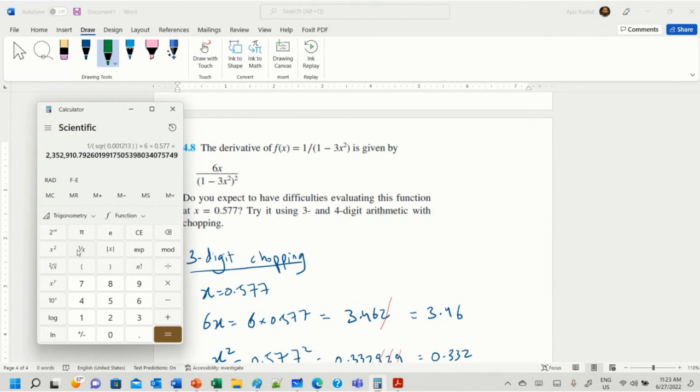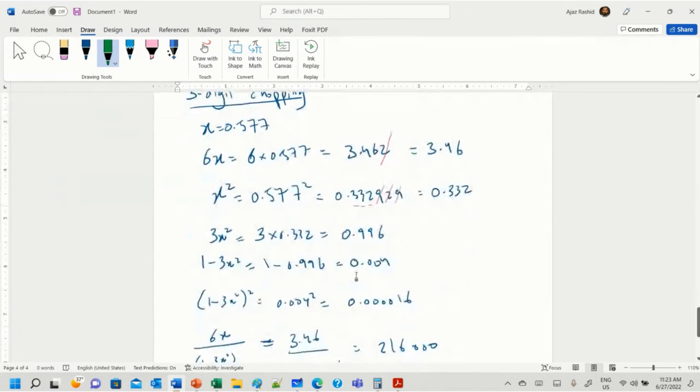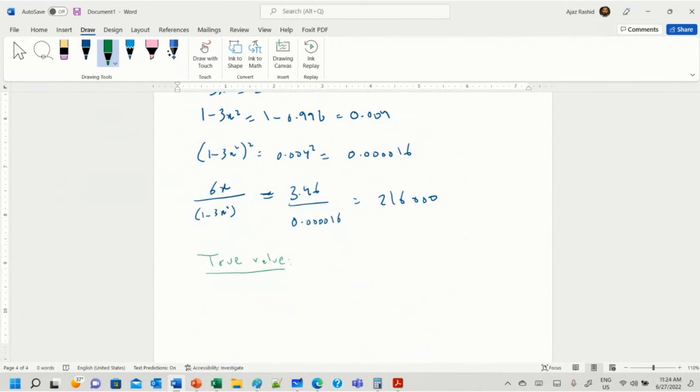So the actual value is 2,352,910.8. So that's the true value.